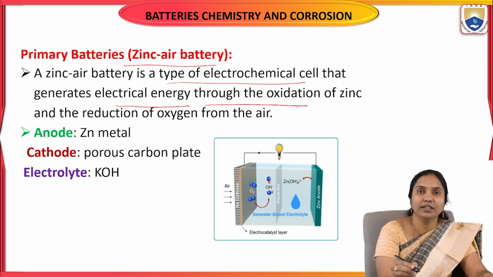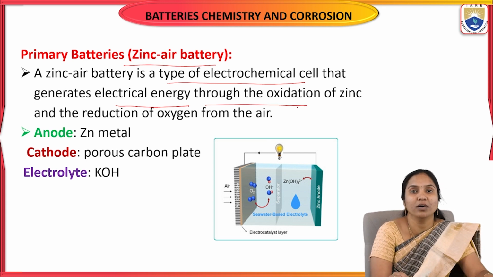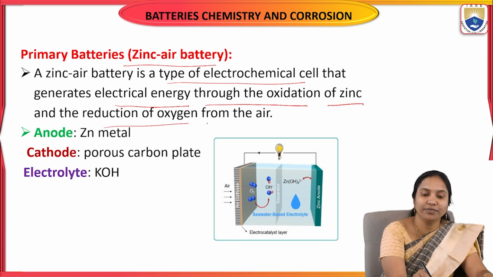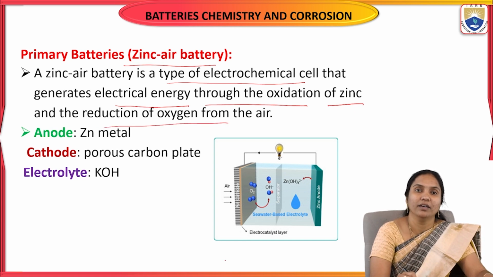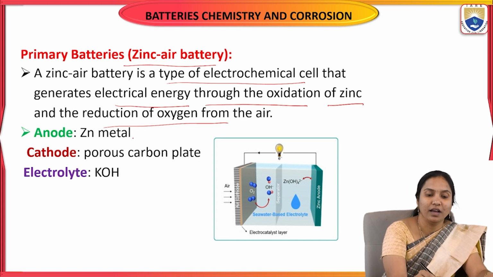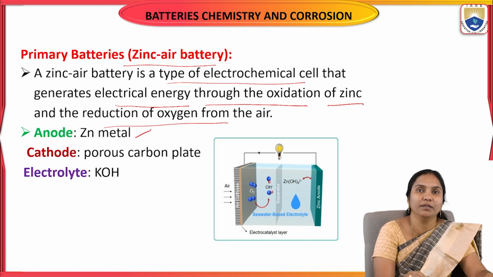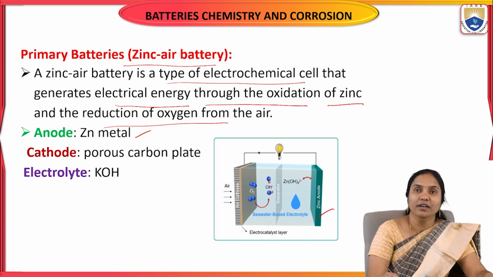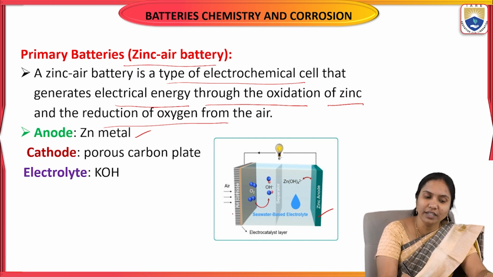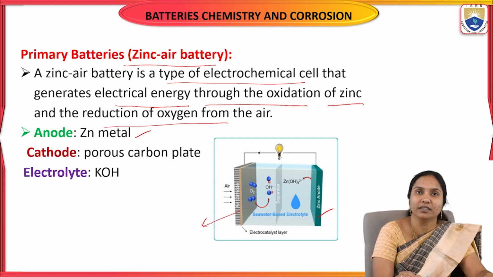It generates electrical energy through the oxidation of zinc and the reduction of oxygen from atmospheric air. In this battery, zinc acts as the anode and oxygen, that means air, acts as the cathode. Here the anode is the zinc plate or zinc metal, and the cathode is a porous carbon plate.